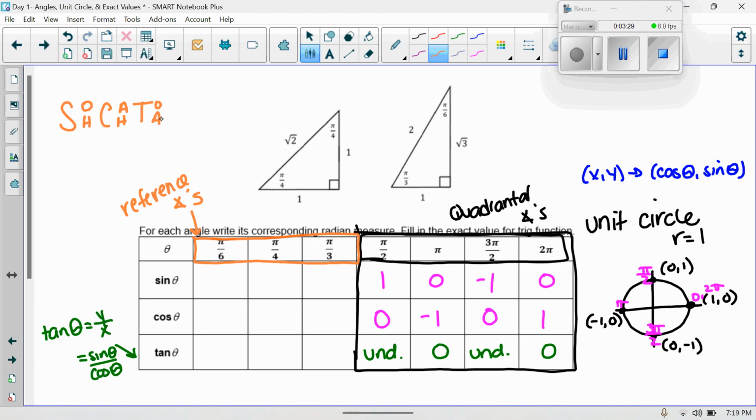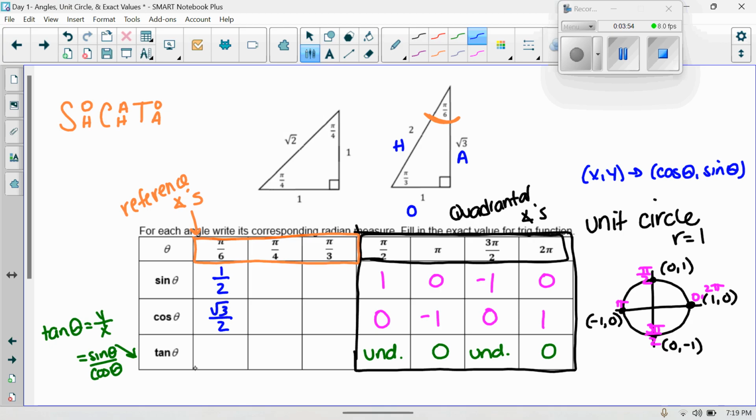if you are going to use your special right triangles. So if I'm going to use pi over 6, that's over here. So that means when I'm doing that, this is going to be my opposite, my adjacent, and my hypotenuse. So sine is opposite over hypotenuse, 1/2. Cosine is adjacent over hypotenuse, radical 3 over 2.